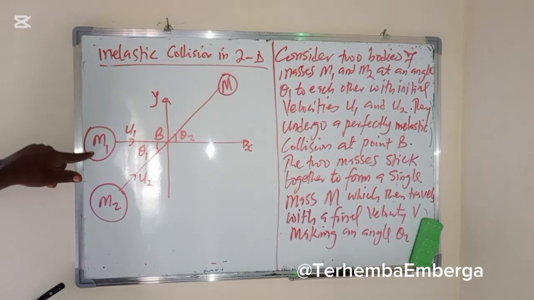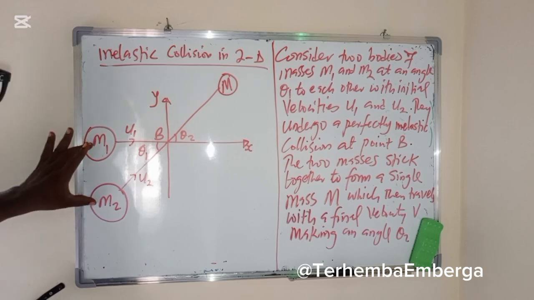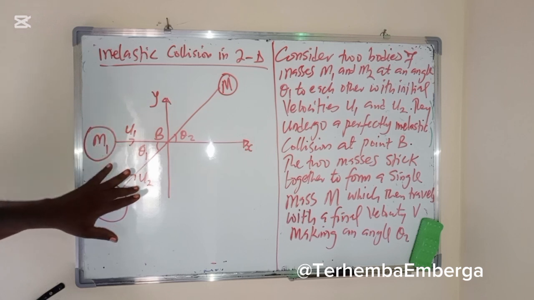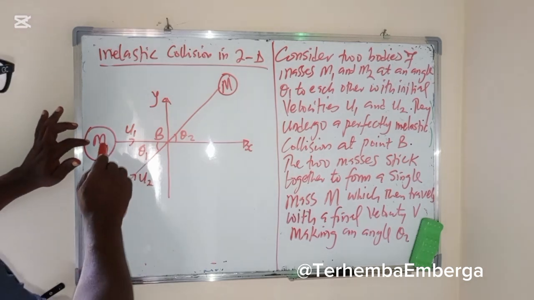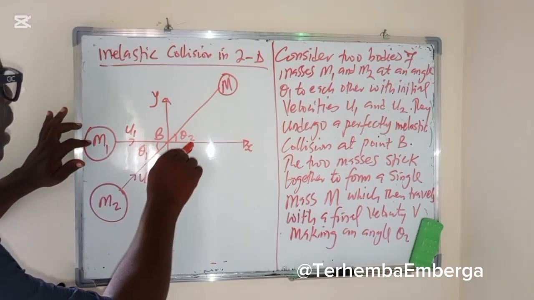This is a body with mass m1, another body with mass m2. These bodies are moving with initial velocities u1 and u2, and m1 is moving on the horizontal axis.